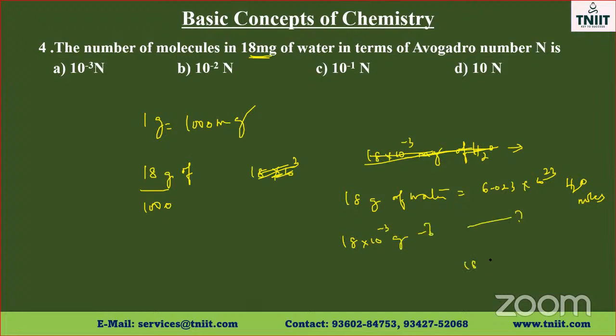It will be 18 into 10 power minus 3 into 6.023 into 10 power 23 divided by 18. So this will be equal to Avogadro's number into 10 power minus 3. So this N stands for Avogadro's number. So the answer for this question is option 1.